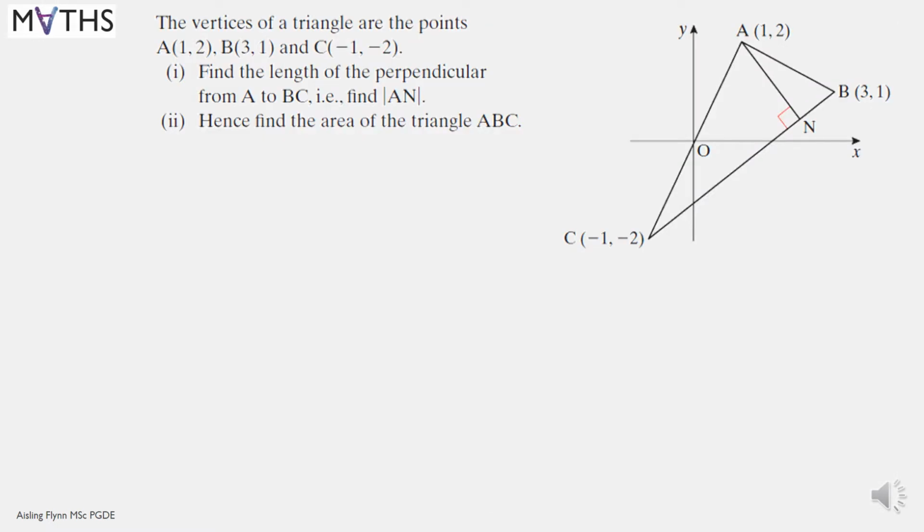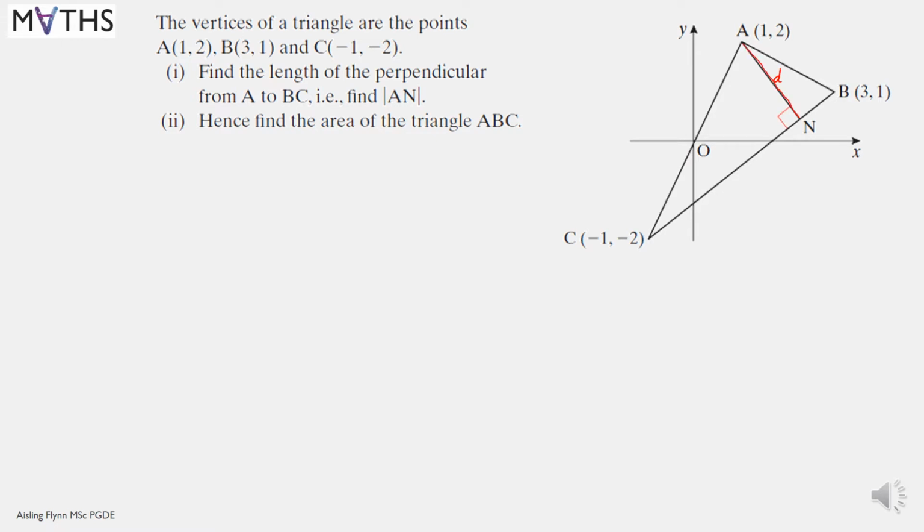Okay, here's a question. The vertices of a triangle are the points A, B and C. The coordinates are given there, and it is shown in the diagram to the right. Part 1 of the question says, find the length of the perpendicular from A to BC. So AN. So we're looking for this distance here, the distance of this perpendicular line.